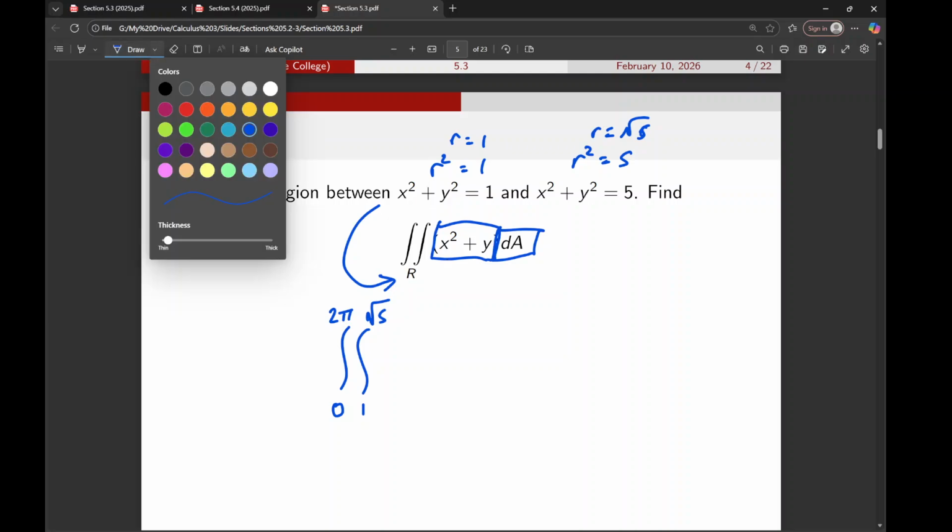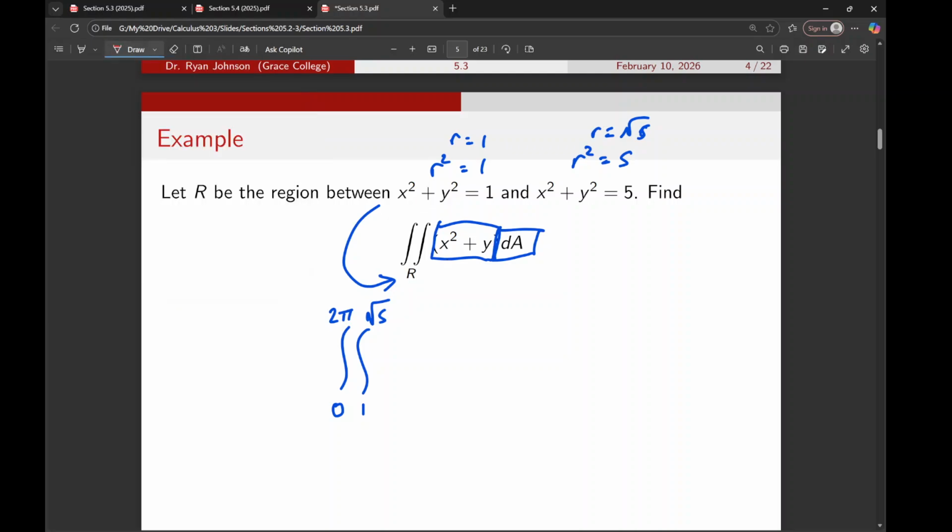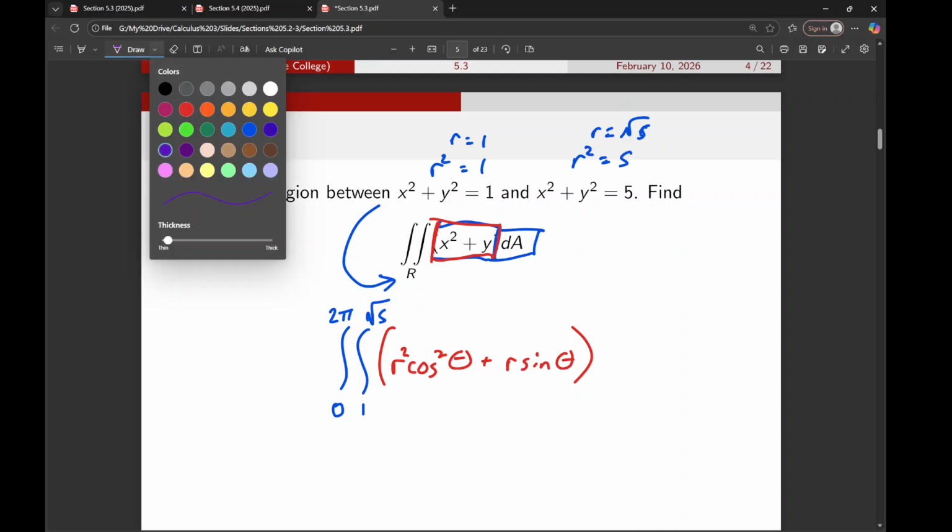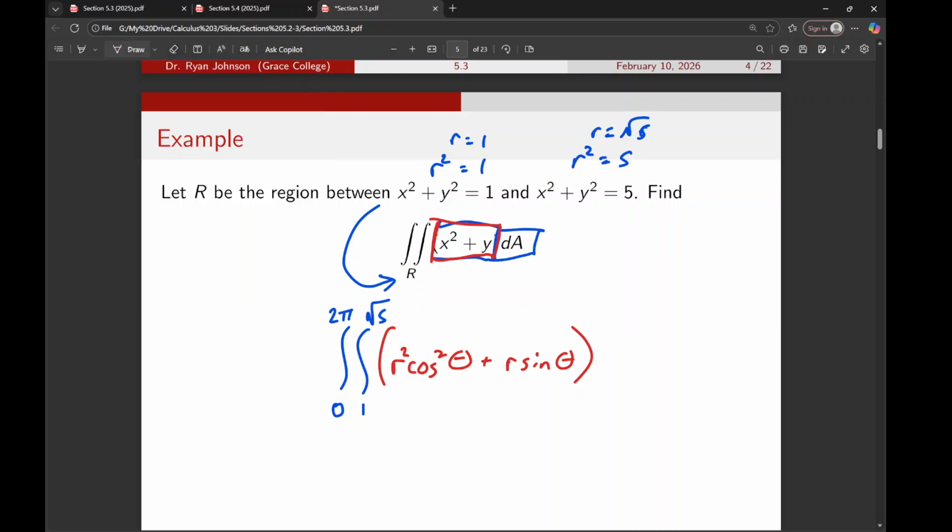Let me change colors for converting functions. Let's go red. So now I'm going to do the function. x squared becomes r squared cosine squared theta, and a y becomes r sine theta. Okay, and then let's do another color for the dA.